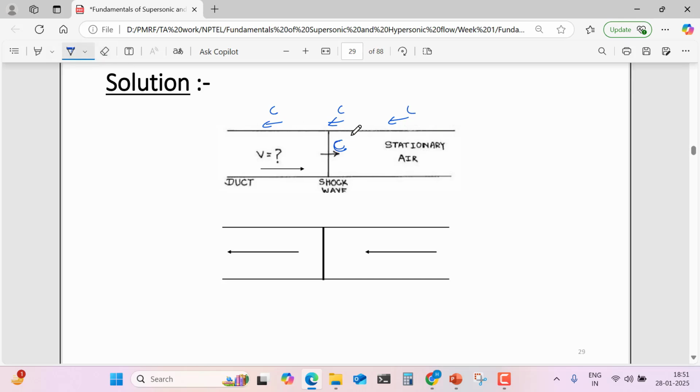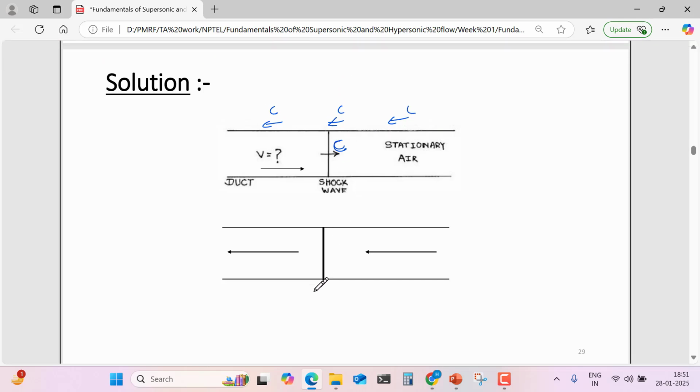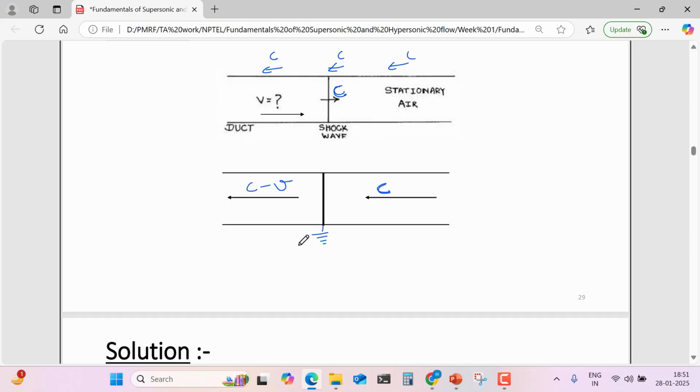Let's add velocity c in the opposite direction. So the shock will become stationary. This velocity will be c, and this velocity will be c minus v. So now this is the same as a stationary shock problem, where our u1 equal to c and u2 equal to c minus v.